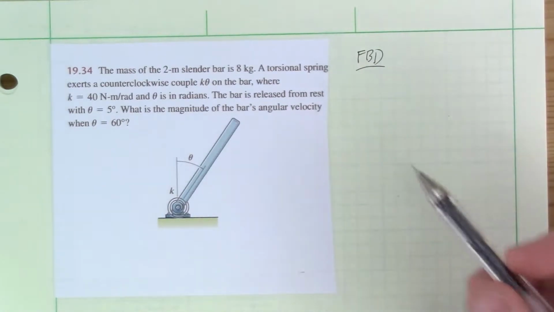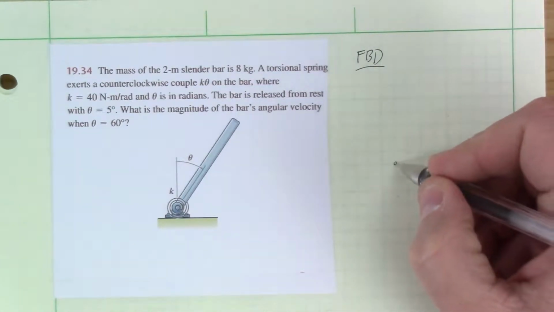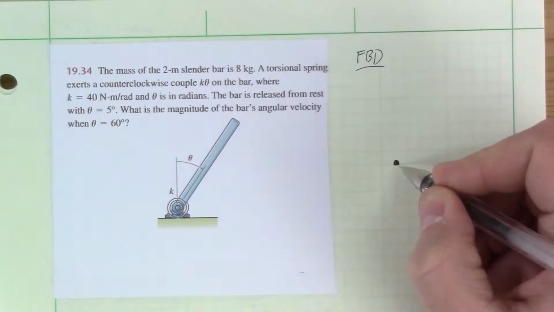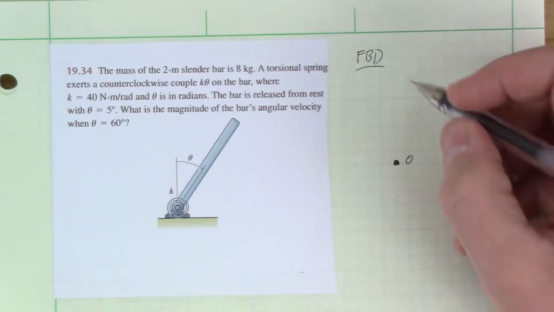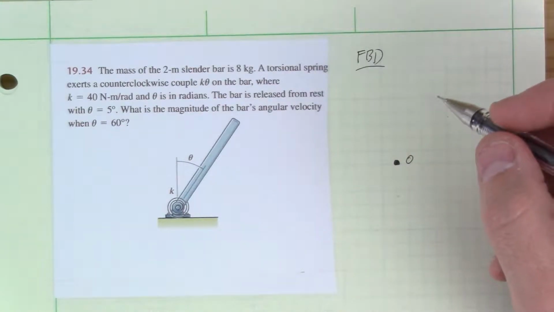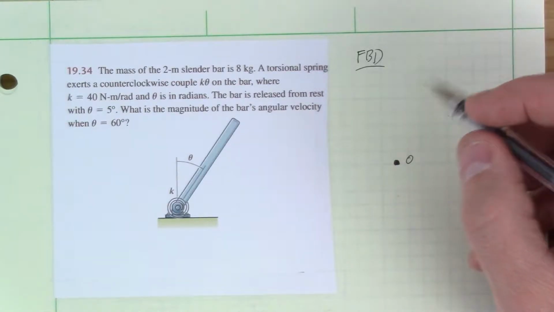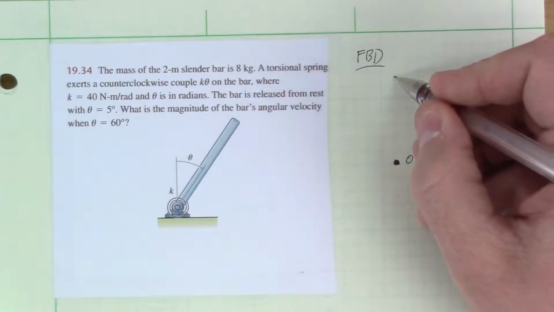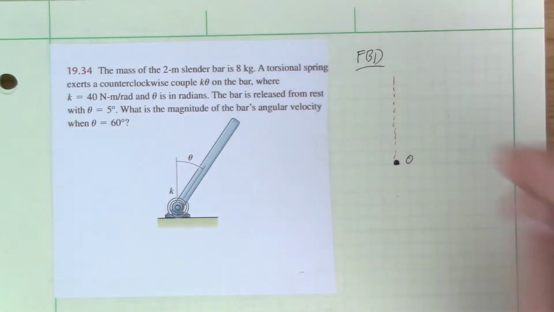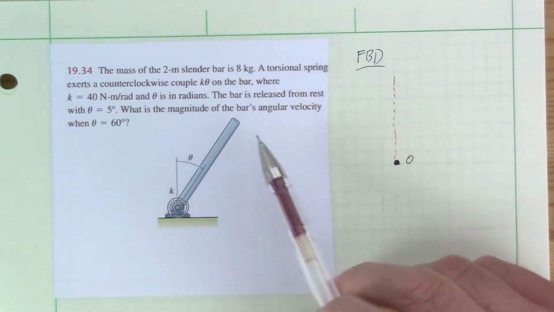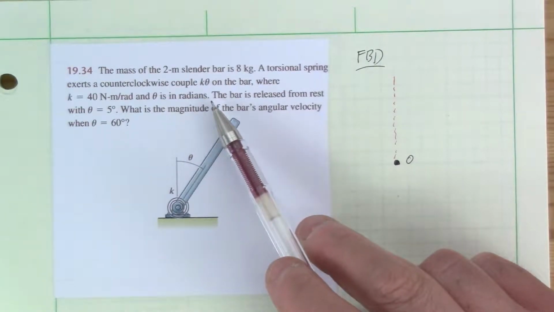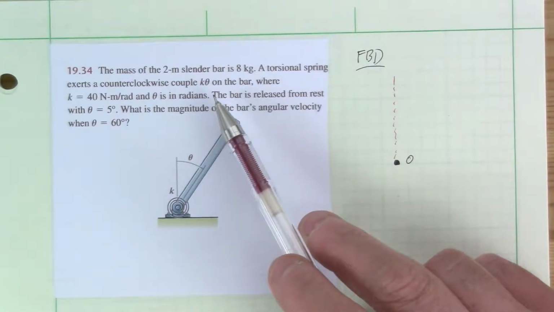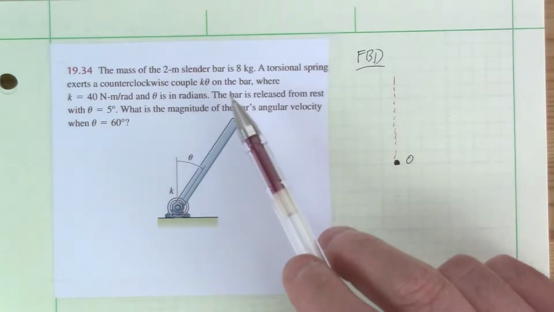Okay, so we start with the free body diagram, which I already labeled over here. Let's put in point O here, and let's see if we can fit in both on just one diagram. So this is our undeformed state, right? The torque, or the moment, the couple as we call it in the book, is k times theta.